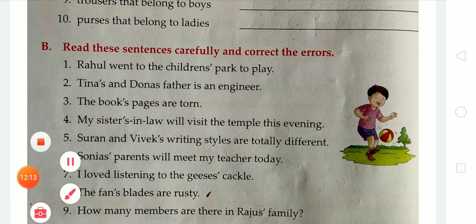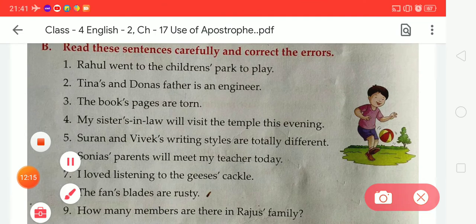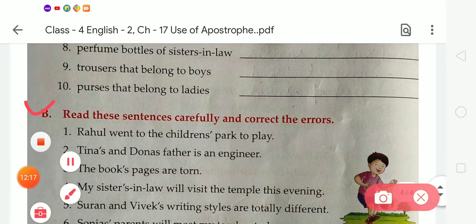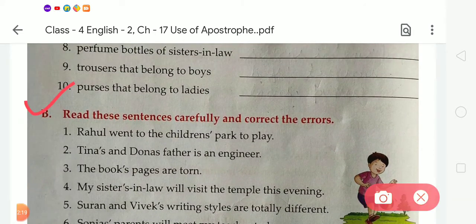In the next, there is exercise B. In exercise B, we have to read these sentences carefully and correct the errors. Okay, so first is Rahul went to the children's park to play. So student, here we can see that the word children is written incorrectly, so we have to correct this word.